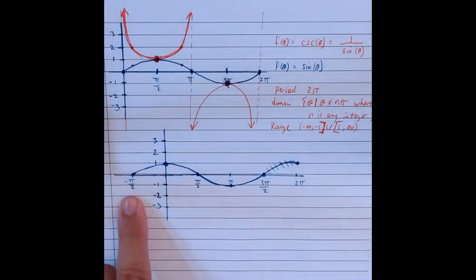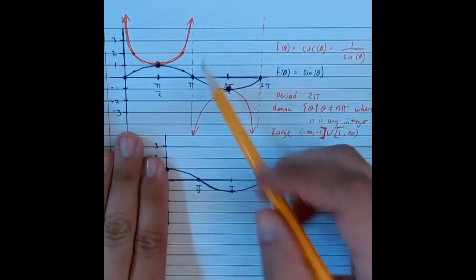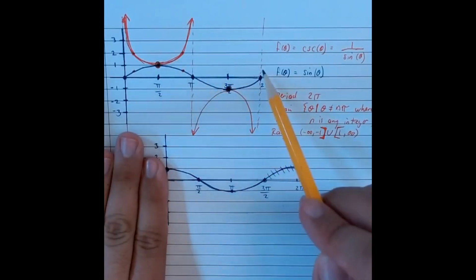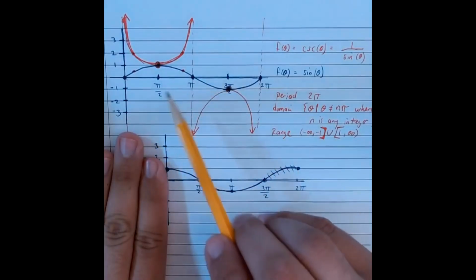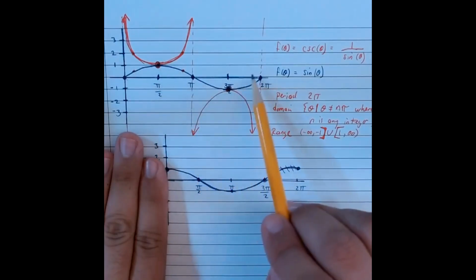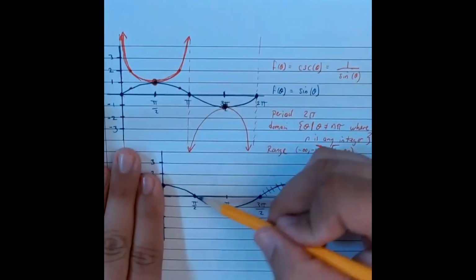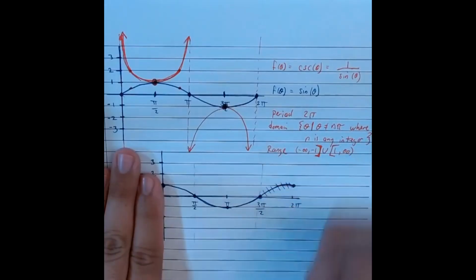You say, well, why is that? Well, notice if we do this the same way, we're going to have an asymptote wherever this meets the axis. Wherever the function is equal to 0, its reciprocal will be undefined. Okay, so I'd have an asymptote here, and I'd have an asymptote here.